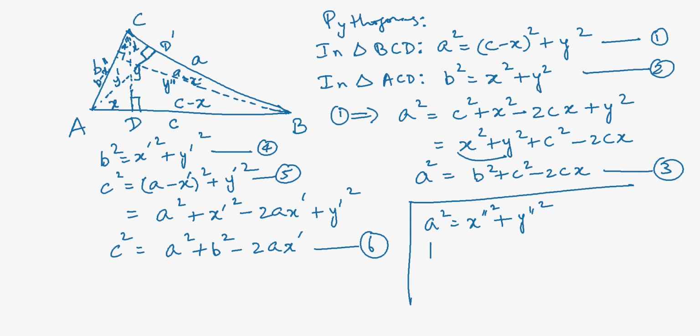And b squared would have been our c minus, no, sorry, we have drawn this one, right? Then in this, x squared plus... this is not right.